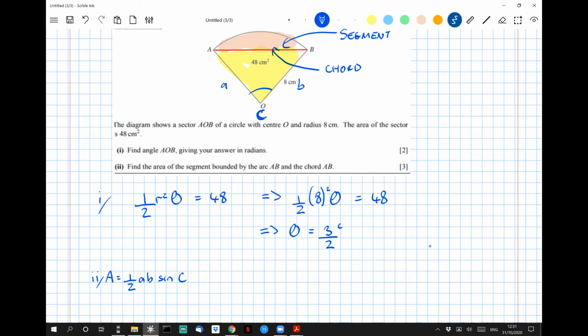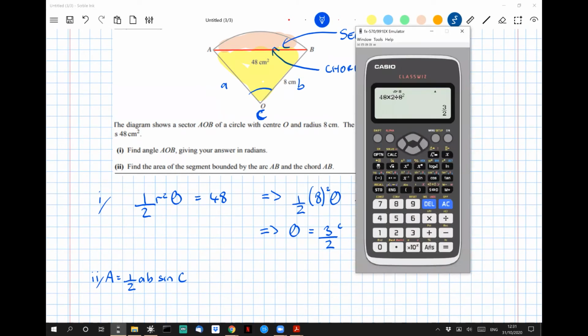Now, one thing that we've got to do, we've got to make sure that our calculator is in radians mode when we're finding sine, cosine, and tangent of an angle. It's important whether we're in degrees or radians as to what mode our calculator's in. So we're working in radians here, so we need to change our calculator to reflect that. So shift then setup, go to angle unit, which is the second option.